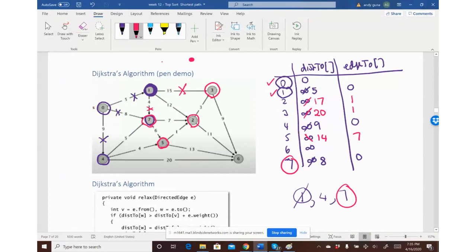But if I come to 2 from 7, what would the distance be? 15. So should I update? Yes. Okay, so right now the distance to 2 is 17. So let's update to 15. And instead of 1, we'll say 7. Yeah, because we always update when it's a shorter distance. So we found something better.